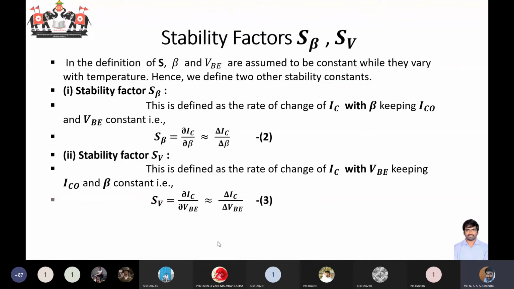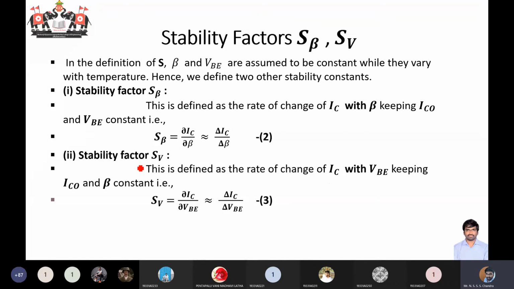Then we shall see the stability factors S beta and SV. S beta is the rate of change of IC with beta, keeping IC naught and VBE constant. So S beta is ∂IC/∂beta, equal to ΔIC/Δbeta. And then we have stability factor SV, defined as the rate of change of IC with respect to VBE, keeping IC naught and beta constant.